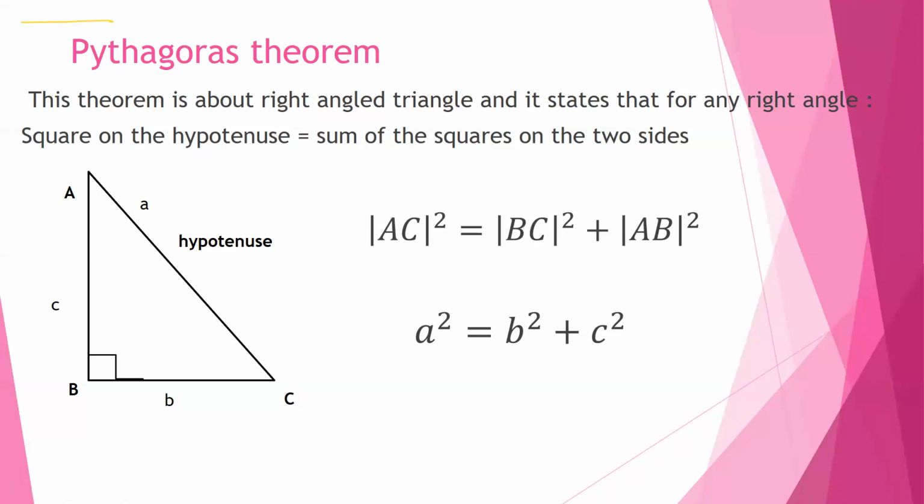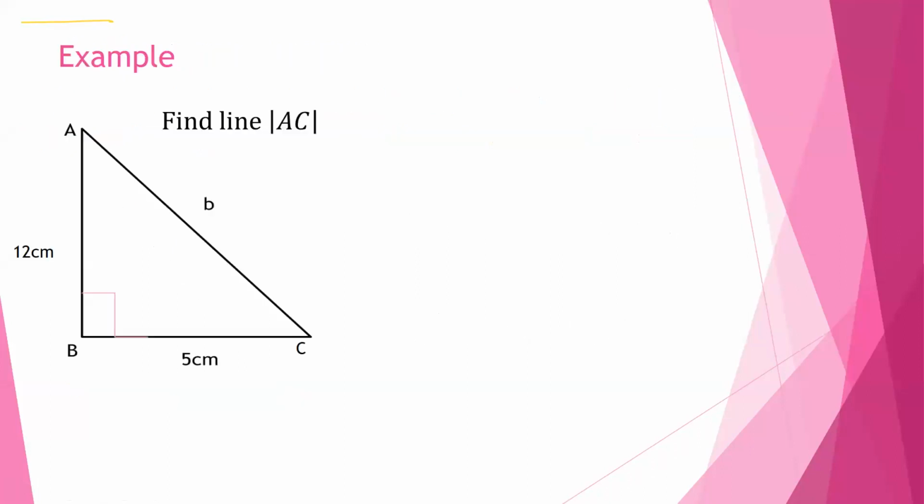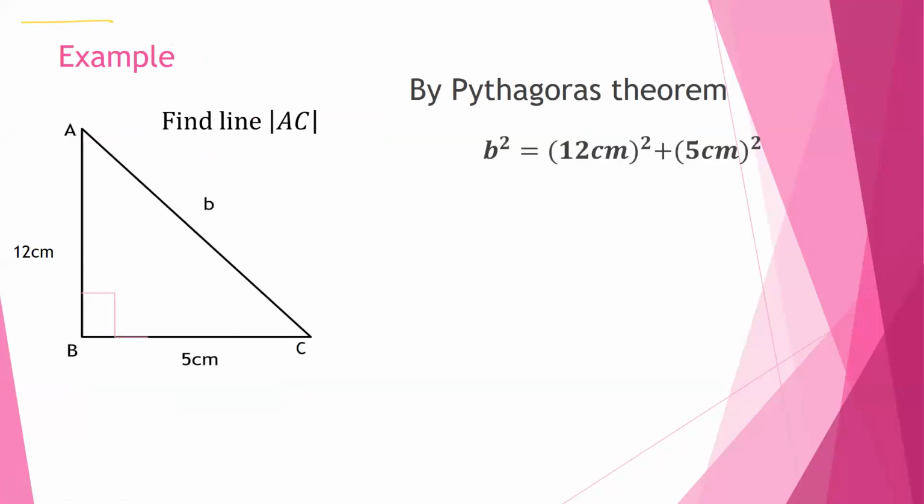And then whenever you are given a problem and it's a Pythagoras problem, you need to apply this to be able to solve it. So we gave an example here where we have a right angle triangle with line AB 12 centimeters, line BC 5 centimeters, and line AC we don't know.